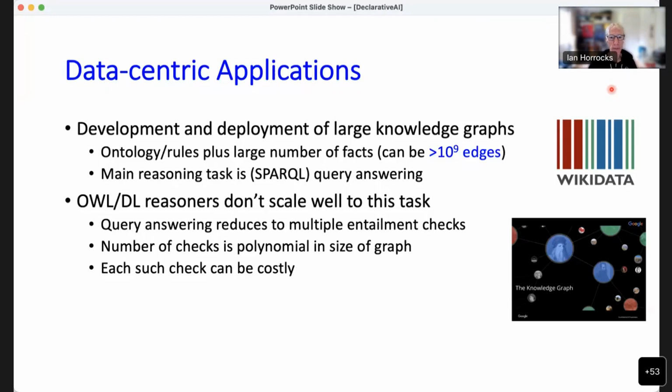And these sorts of reasoners I mentioned in the previous slide that deal with expressive ontology languages, such as the full OWL languages, don't scale very well to this task. Query answering typically reduces to multiple entailment checks. Each one of these checks can be extremely costly, and this makes it rather difficult to perform efficient query answering at scale.